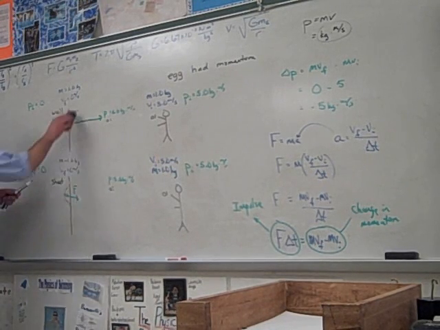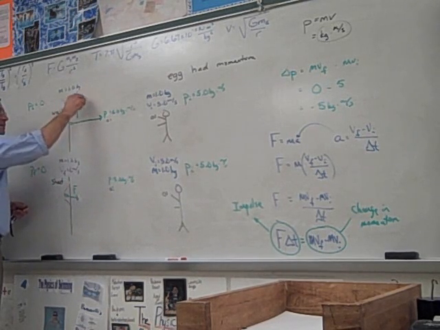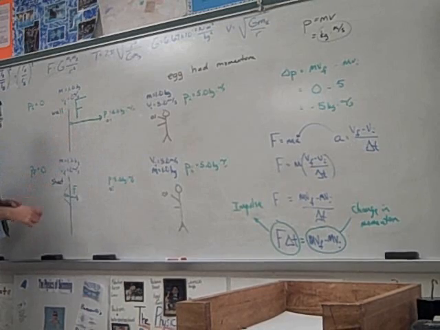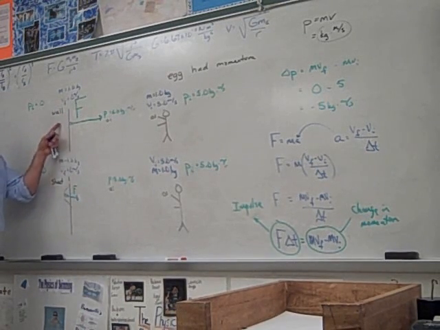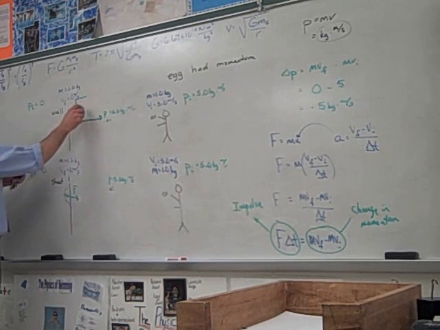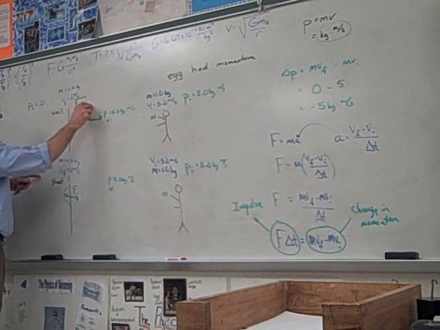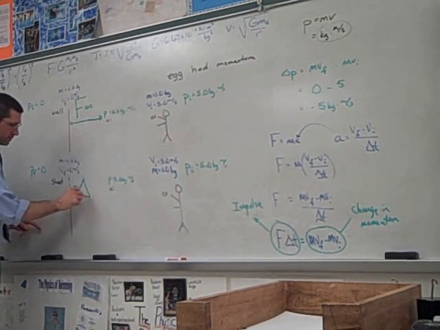So looking at the wall situation, we know that we had a big F, and in the sheet situation we had a little f. Tell me about the time. How do they compare? Top one has a small time, bigger time, right?